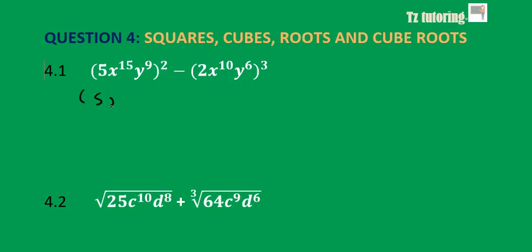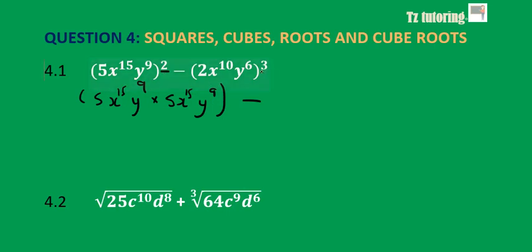So we've got 5x^15 y^9, and we must write this down twice. Again, 5x^15 y^9. That 2 means we can expand it twice.